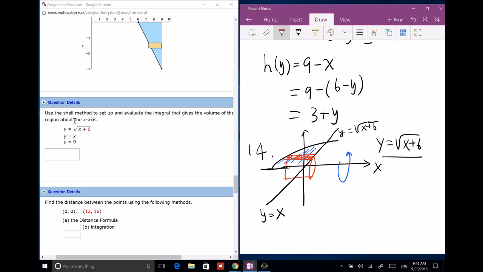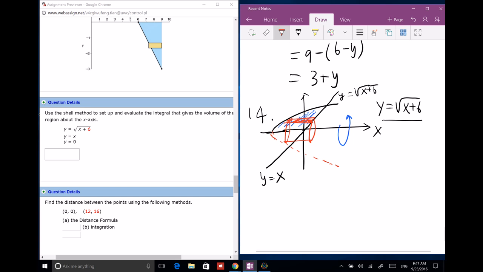With the shell method, you always have something like a cylinder. You rotate it with respect to one axis, and the formula is V equals the integral from a to b of 2 pi r h dy.